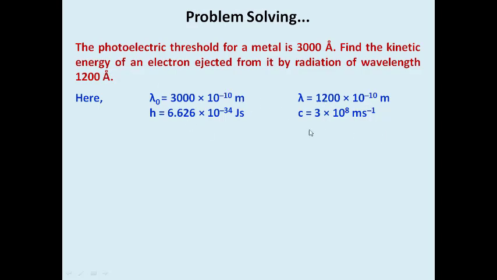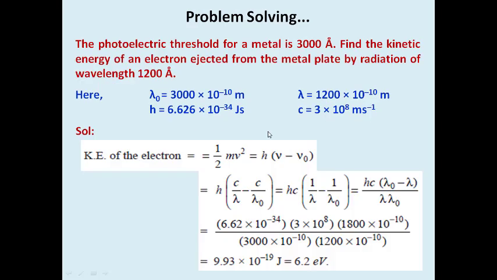All these h and c are constants. You already know the kinetic energy of the system equals half m v square, which equals h times nu minus nu naught. Because the term given is lambda, we rewrite this equation with nu as c by lambda and nu naught as c by lambda naught.